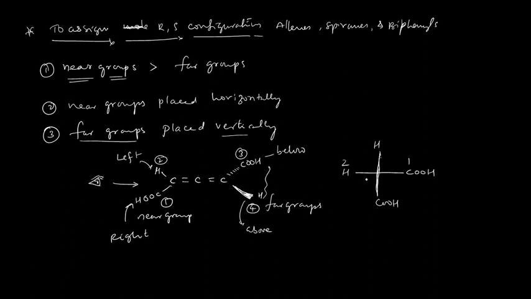The far group hydrogen is given 4, and the other group 3. Same as the CIP rule, RS configuration rule. Forget about the least priority group. Look at the other 3 groups, how they are rotating.